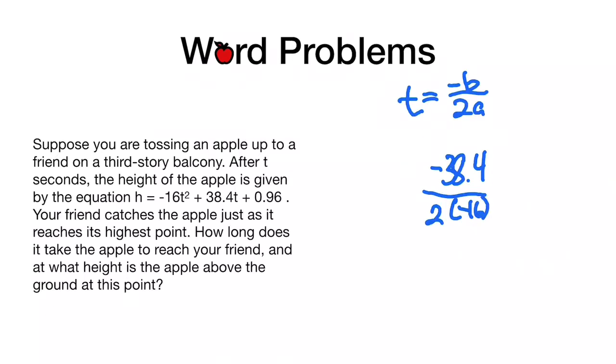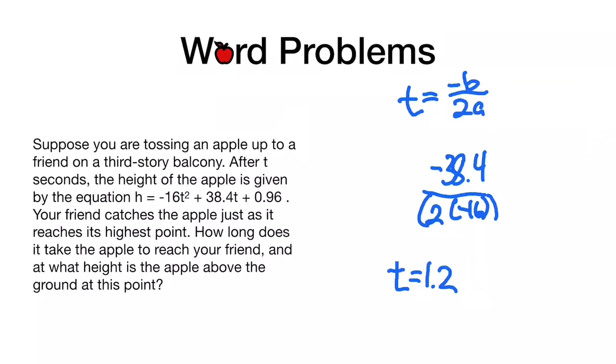Now, if I put this in a calculator, I have to be careful so that I don't accidentally divide by 2 and then times 16, which sometimes can occur. When I plug that into a calculator, I'll get that t equals 1.2.